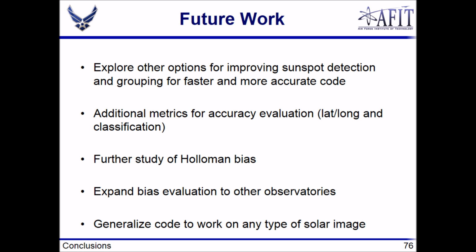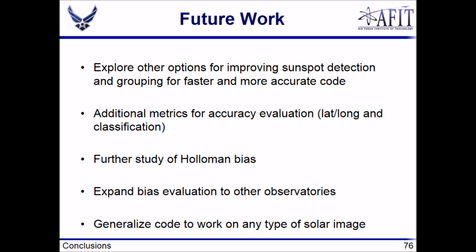So for some future work on slide 76, some additional things that I'd like to do would be to explore other options for detecting sunspots, for grouping faster, and then having a more accurate code in general. I'd also like to create additional metrics to evaluate the accuracy of my code. I'd like to further study the Holloman Air Force Base observer bias.